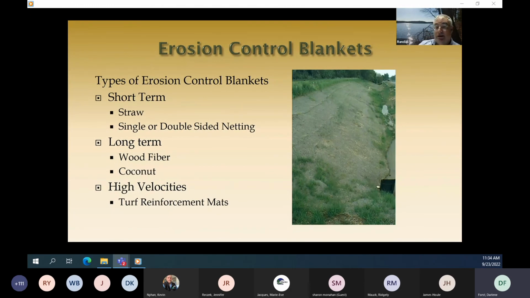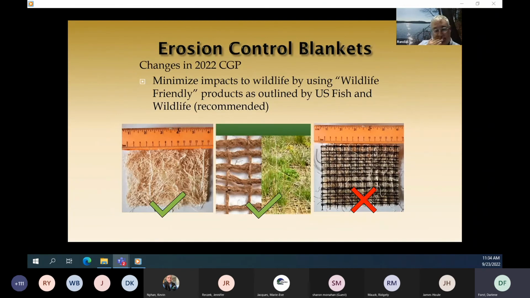One of the issues that we're hearing, and a lot of engineers who are going through AOT and dealing with New Hampshire Fish and Game have been asked about, is erosion control measures and which products they are using. There are different measures out there that are more bio-friendly or more wildlife friendly than others.